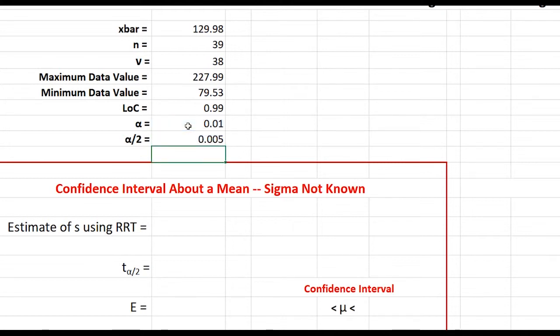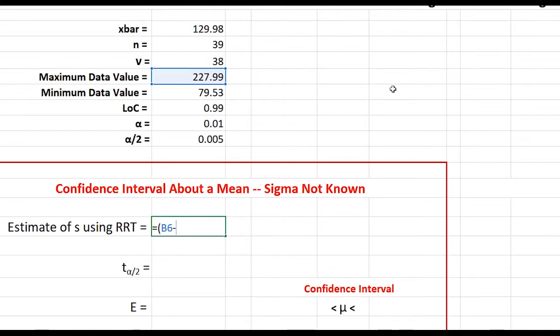But remember, when we're using the range rule of thumb, the sampling distribution is the t distribution, which means that we don't necessarily need the alpha over 2. It's calculated for us. To get my estimate of S using the RRT, or range rule of thumb, I type in equals, open parenthesis, I take my maximum data value.